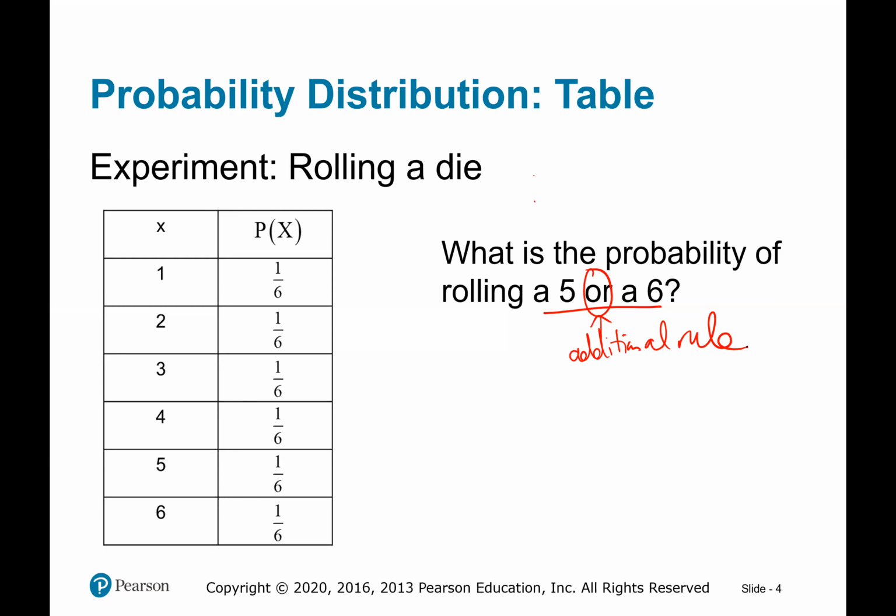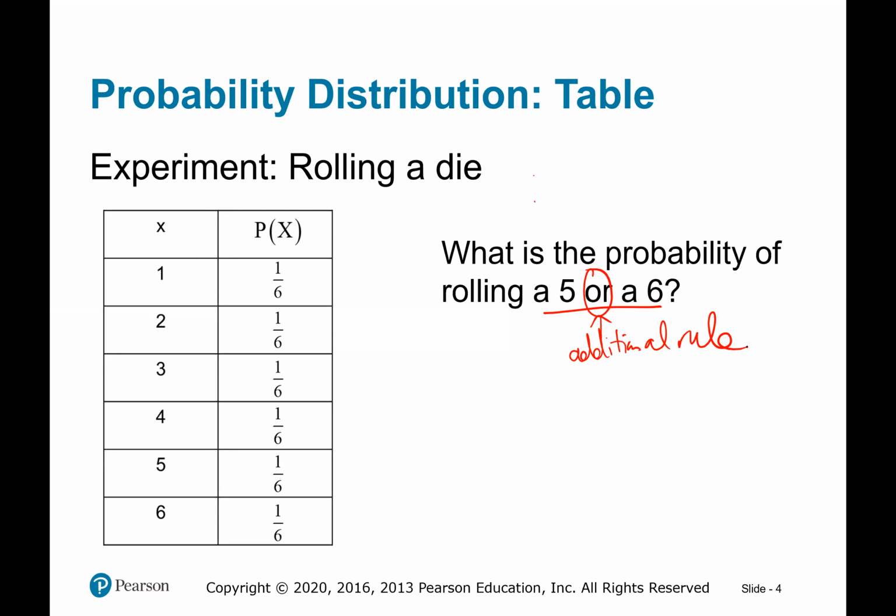If you still remember from section 5.3 or something like that, for the addition rule, these events are also mutually exclusive.